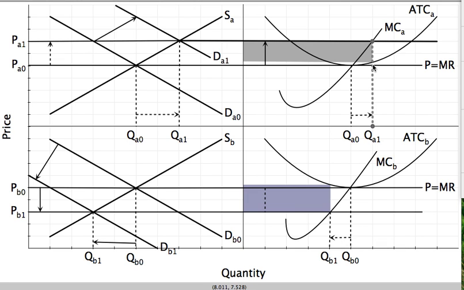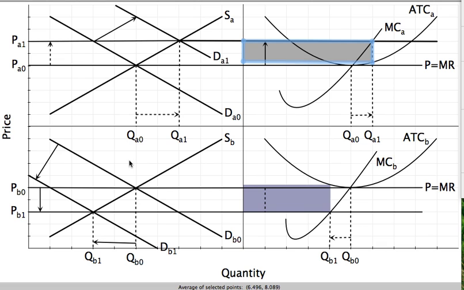So if we go up till we hit the average total cost curve, and then we go up till we hit marginal revenue, the rectangle that's created by that is going to be the level of profits, because price is greater than average total cost. So the impact of this is that it converts these firms from firms who are making a zero economic profit. This increase in demand has caused these firms to have a positive economic profit.